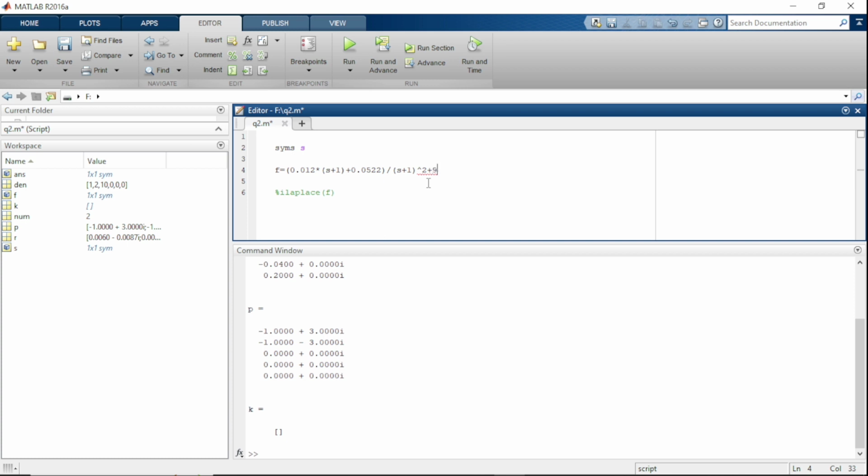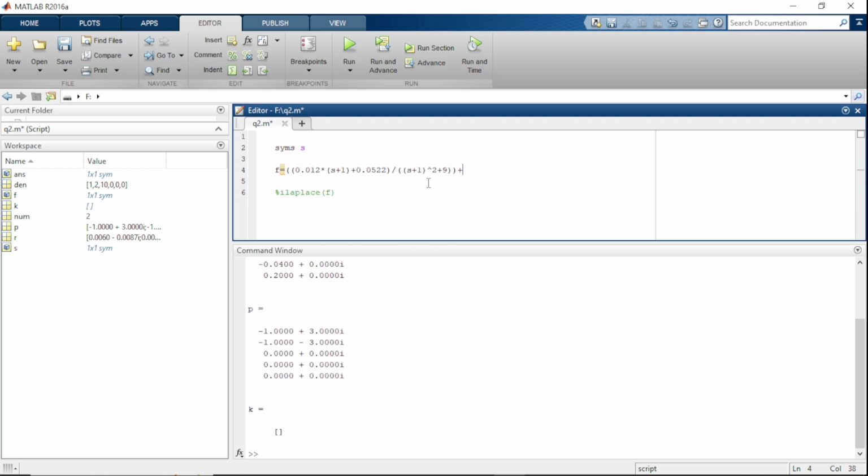I am also taking one more bracket. Okay, so this is the numerator, and now I am closing overall. So this is the first portion of the partial fraction.